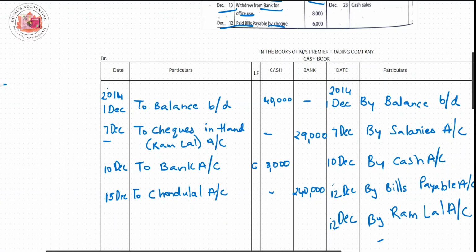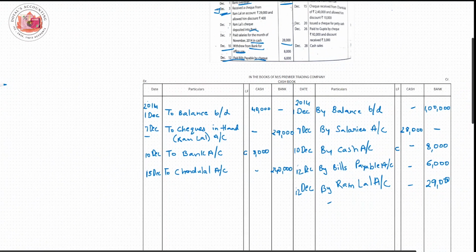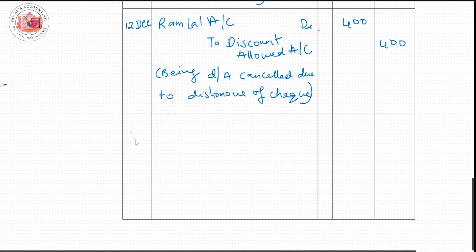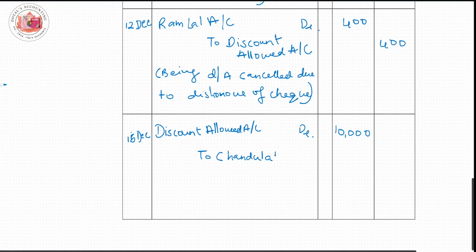Now I will record the discount in my journal. 15th December, discount allowed account debit, 10,000, to Chandulal account, 10,000.